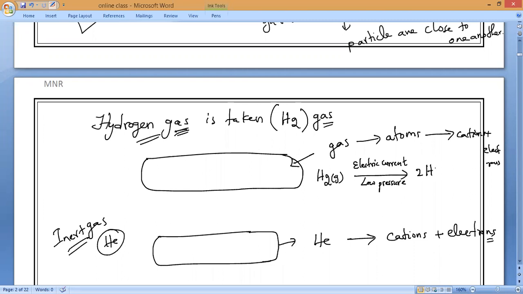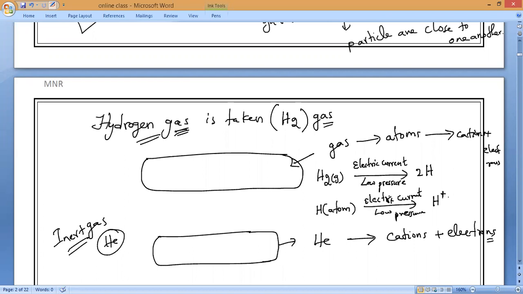This is the H2 molecule, but here we get hydrogen atoms. Now, if I continue the electric current at low pressure, this hydrogen atom will turn into a cation. Can you tell me what is the cation of hydrogen? By loss of an electron, it will turn into what?